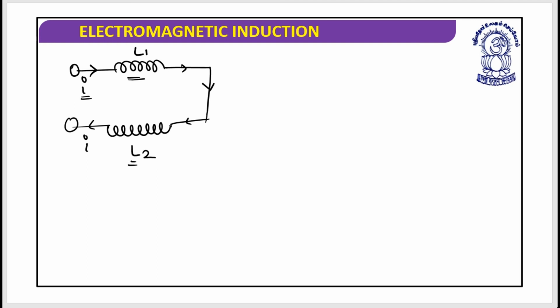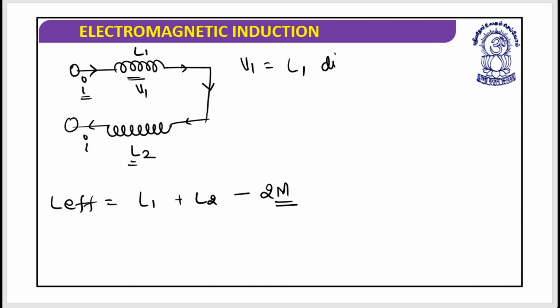So L effective could be written as L1 plus L2 minus 2M. Why? Because both the mutual inductances are in opposite sense to their self inductance. So V1 is L1 di/dt minus M di/dt. Why minus? Because current passes through this coil, and the mutual inductance is linked due to the current in L2.